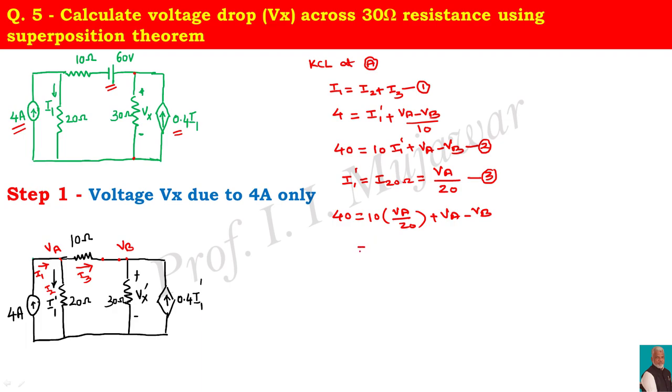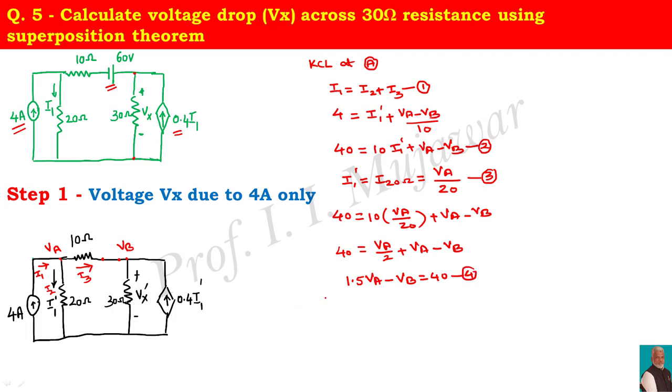So this value is VA by 2 plus VA minus VB, that is equal to 40. Or VA by 2 plus VA, this is 3 by 2 VA, so it is 1.5 VA minus VB, that is equal to 40. Let this be equation number 4.